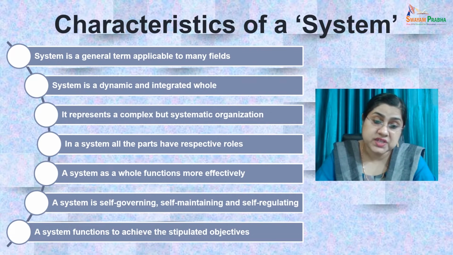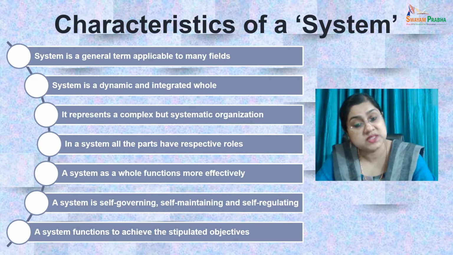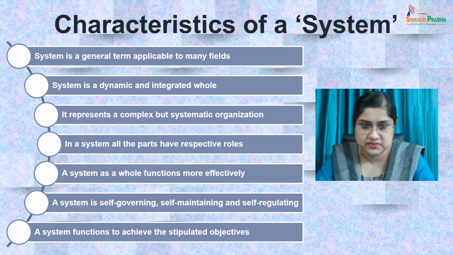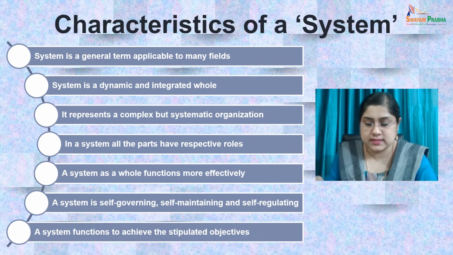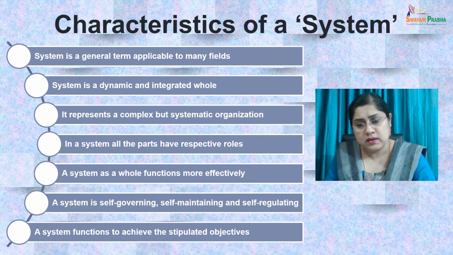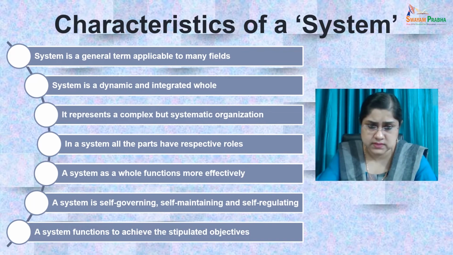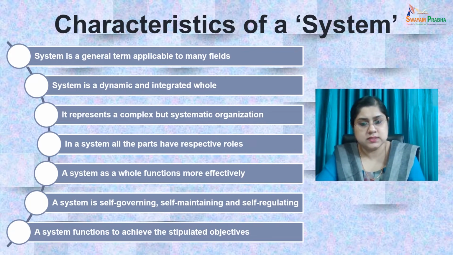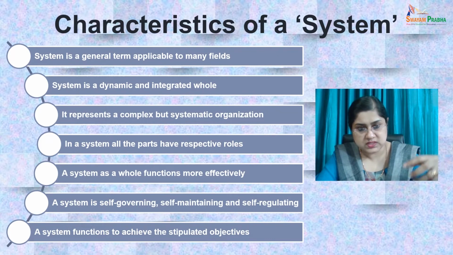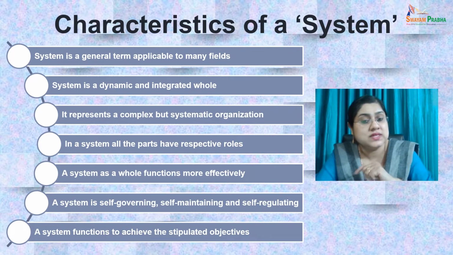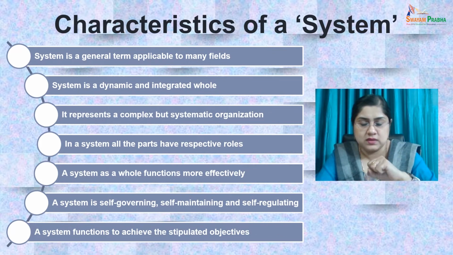Then the functioning of the system is aimed at achieving specific purposes or stipulated objectives. These stipulated objectives are created or designed in the beginning, when we think of a system, and the entire system which is designed and functioning is aimed towards achieving those specific purposes.